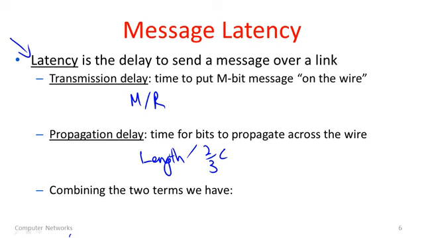For wireless, close to the speed of light is a better example. We'll refer to that as D, because we'll often be given the delay in seconds rather than as a length measurement in feet. So if we combine these two things, the latency to send a message over a link is m divided by r plus d.